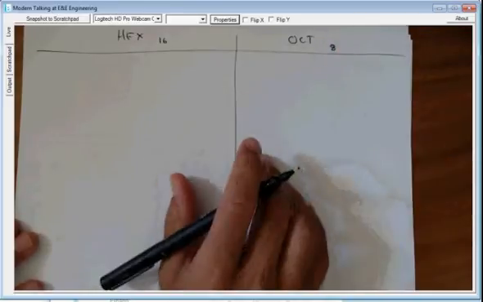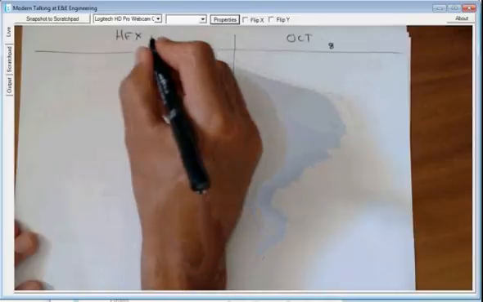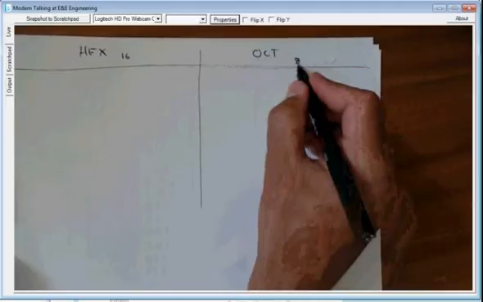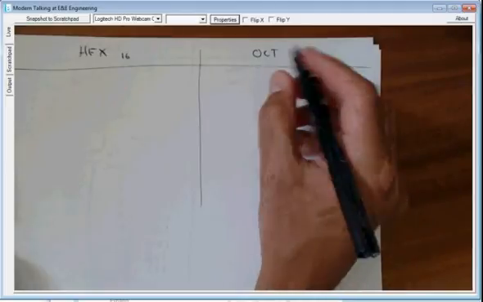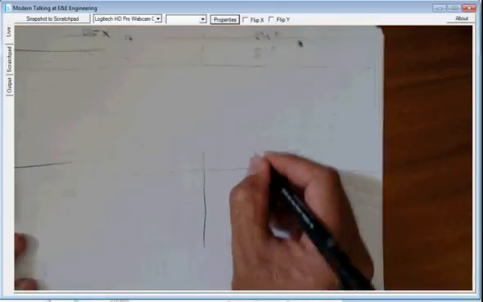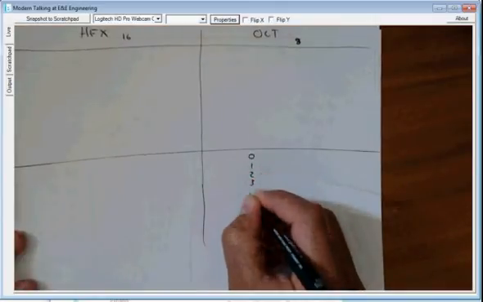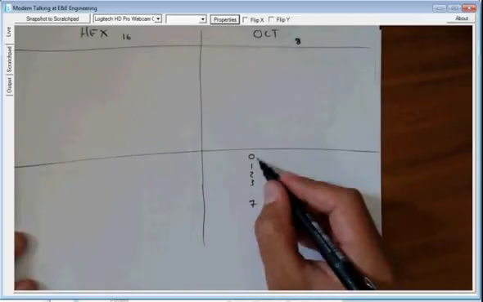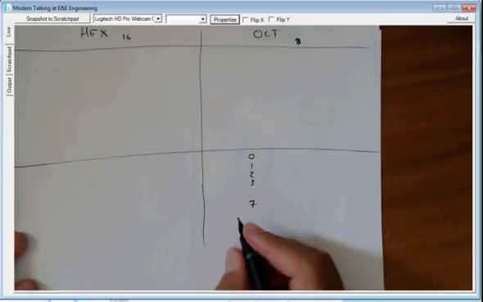So if you were to consider now, I'm just going to do octal first. If you were to consider that now you have 8 symbols that you can use, then your counting will obviously be 0, 1, 2, 3, all the way up to 7. When you reach 7, you've run out of symbols because you only have 8, 0 to 7. When you add 1 to it, it becomes 1, 0.